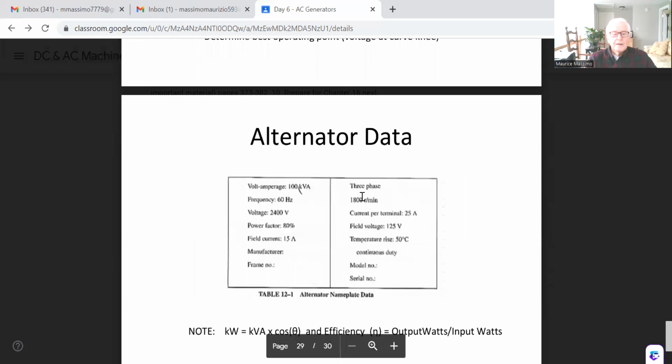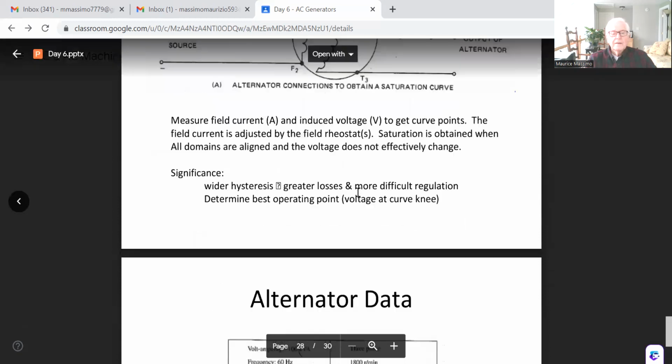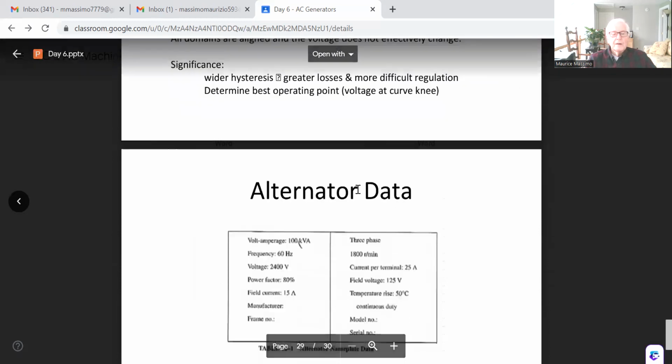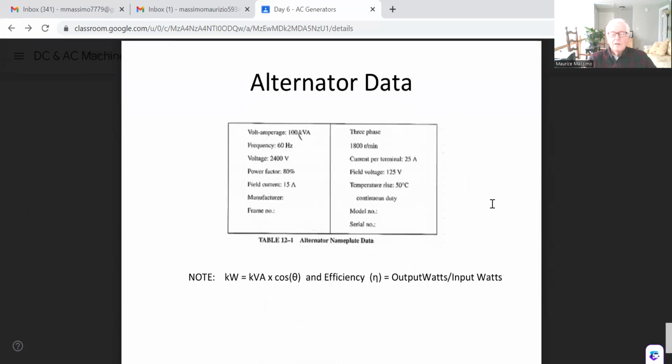Okay, and finally we get to alternator data. Each alternator has a little tag that tells you what the voltage output is, the frequency that it runs at, 60 hertz, voltage output, volt amperes, and kilovolt amps.